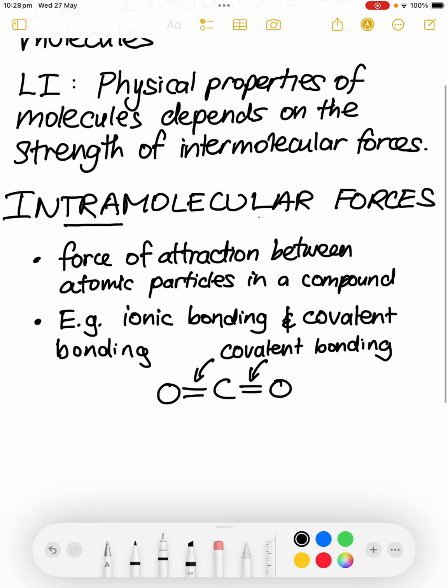Or if we look at another example, HCl, and just remember this is our delta negative, this is our delta positive side, so electrons are pushed a bit more to this side here. That is another example of a covalent bond as well.